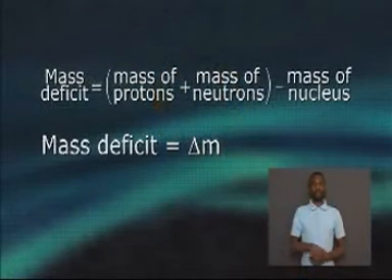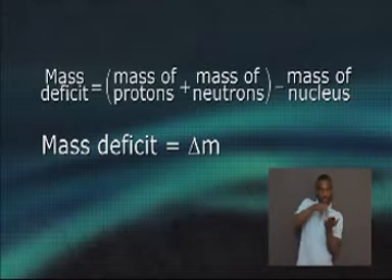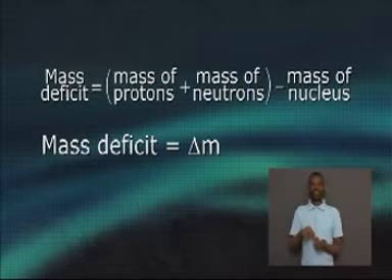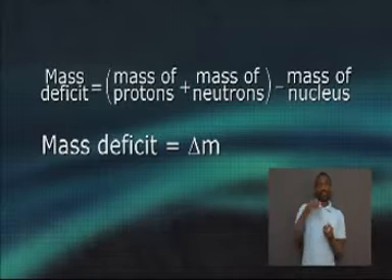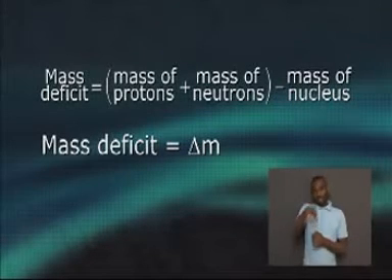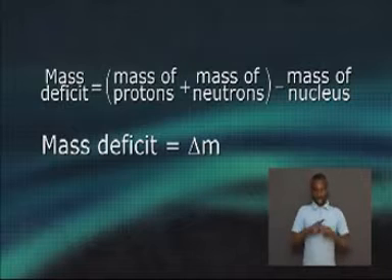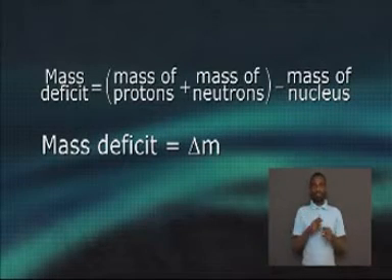In fact, if we add up the mass of the protons and neutrons in a nucleus and compare this sum to the mass of the nucleus itself, we find that there is a difference. This difference is called the mass deficit.